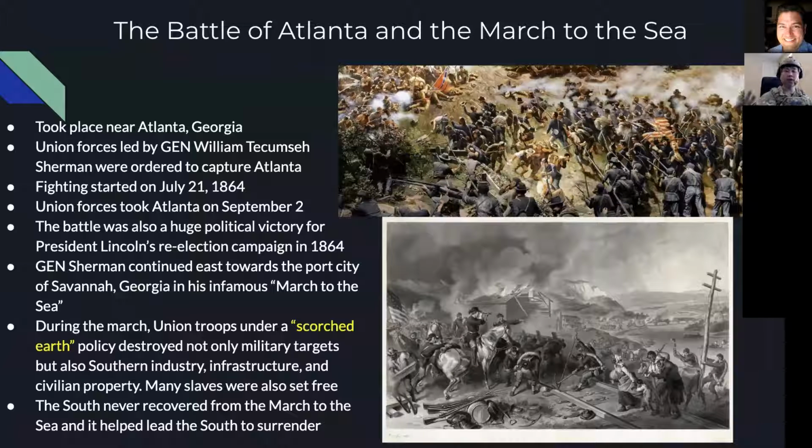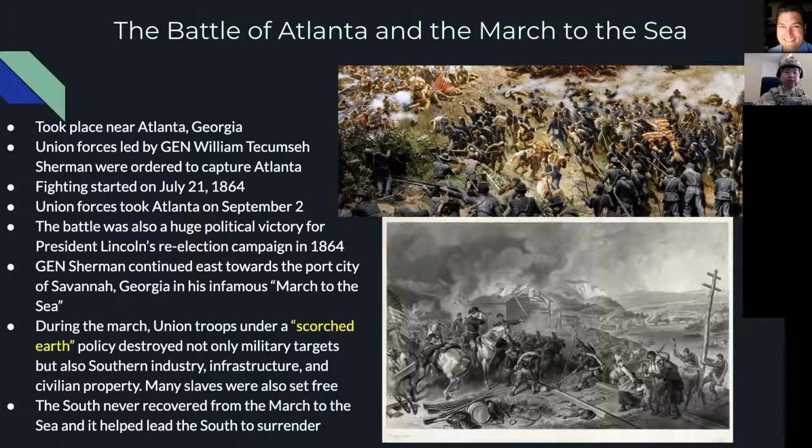And also Atlanta was a large railroad hub in the South. Remember that the South didn't have as many railroads as the North did prior to the war, but Atlanta was where a lot of their railroads came together in the South.